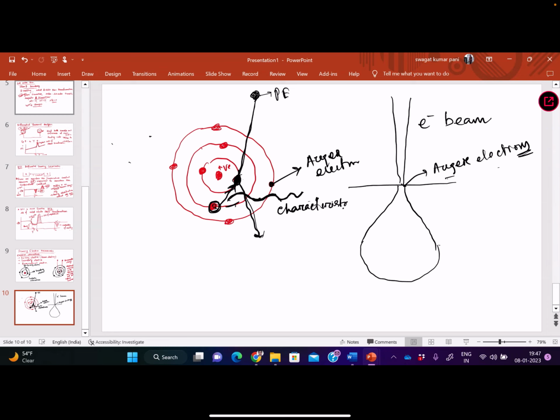So it absorbs the energy emitted by this electron, and it gets enough energy to go out of the atom. That kind of electron we call Auger electron. So that will come from close to the surface. Then after that we have secondary electron. Auger electrons come from about 5 nanometers depth, and secondary electrons from 5 to 50 nanometers depth.